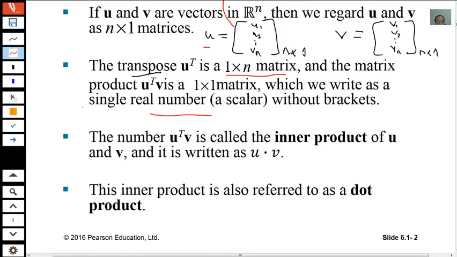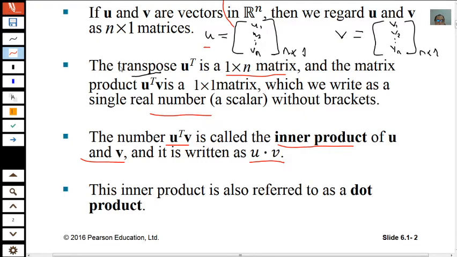Therefore, this number, in the matrix multiplication of them, is called the inner product of u and v, and it is written as u dot v. This inner product is also referred to as a dot product.